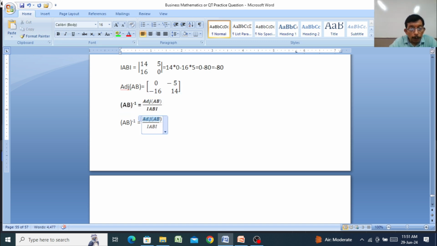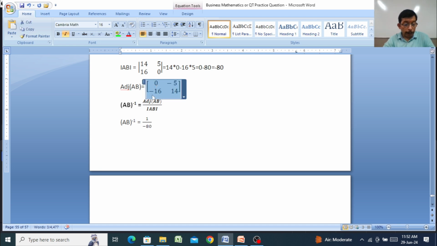Adjoint of AB is given, and the determinant of AB is minus 80. Note down the value of adjoint AB.